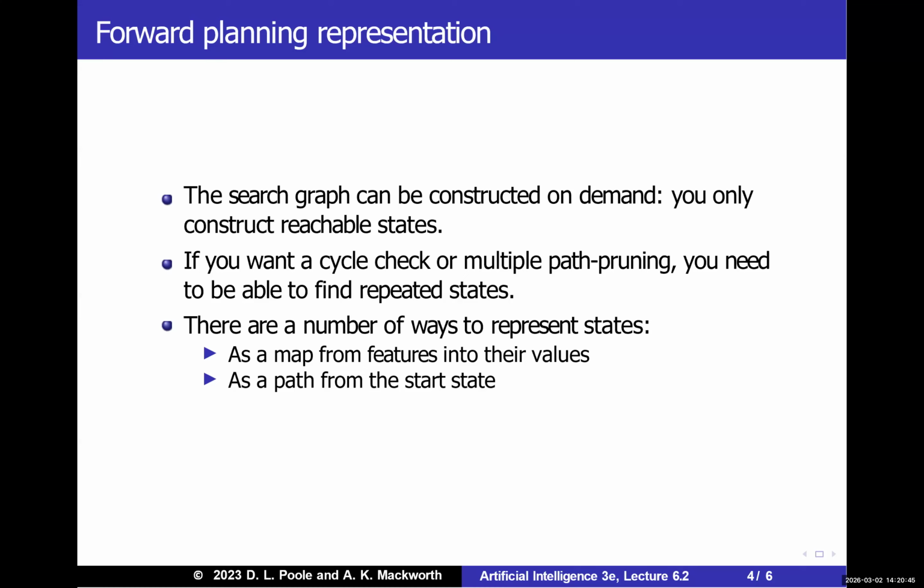Generating only reachable states keeps the problem tractable. However, as we search, we may encounter the same state more than once through different sequences of actions. That means we need mechanisms like cycle checking or multiple path pruning to avoid redundant work. So forward planning is not just about applying actions, it is also about managing search intelligently.